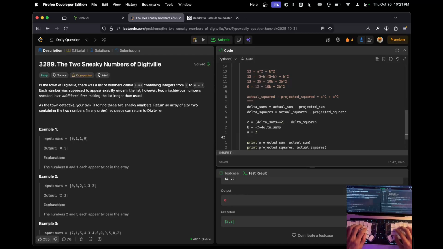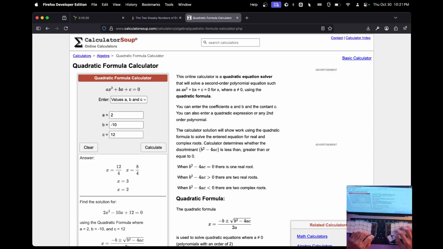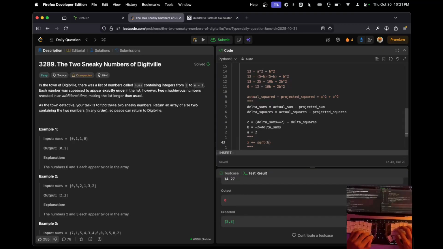Okay, and the quadratic formula, wow, I never thought I would use this in my life, is x plus or minus the square root of, what is it, b squared? Negative b. Negative b plus minus the square root.